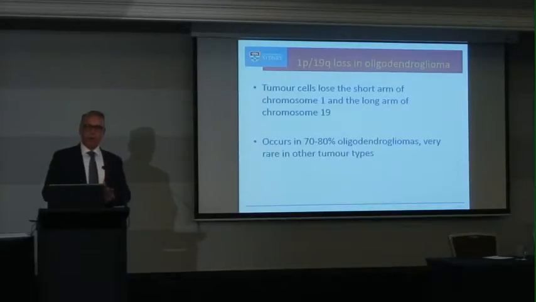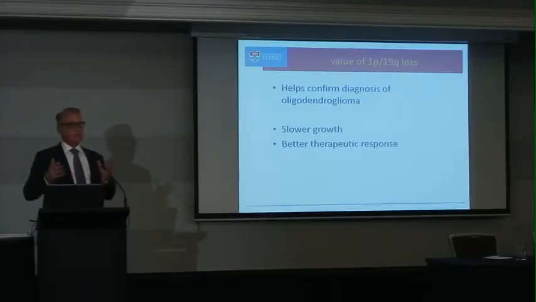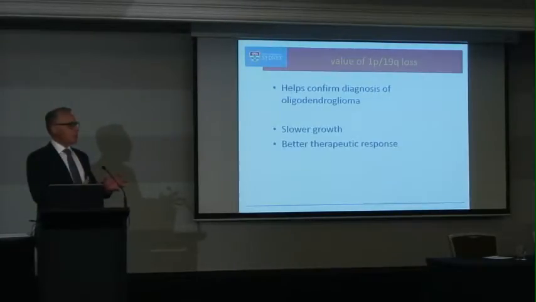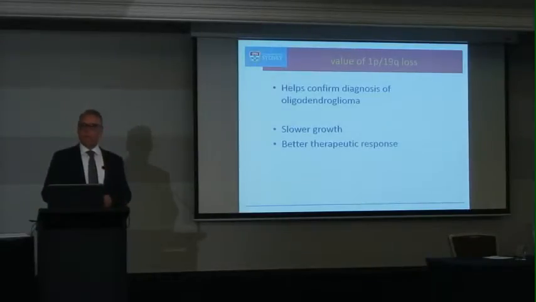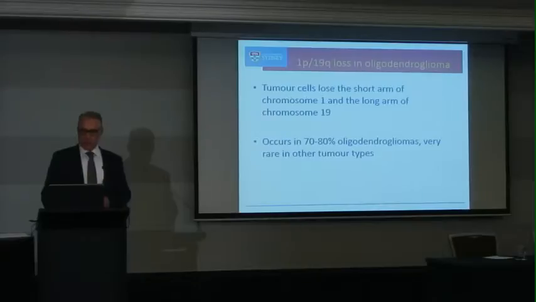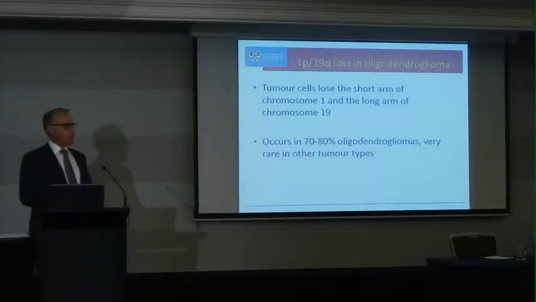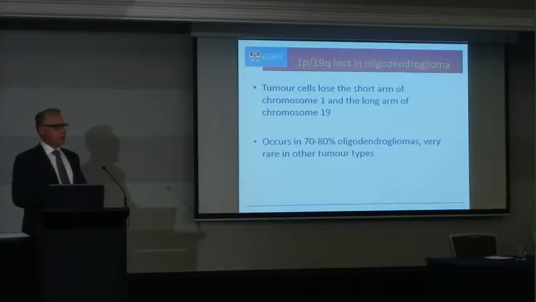And it's very common in the oligodendrogliomas, the grade 2 and 3s, about 70 to 80%. So again, we can use this in a diagnostic sense. Well, we think it's an oligo, let's look at the 1p19q. Not as useful as the others, because remember, only 70 to 80% of oligodendrogliomas have that genetic lesion.